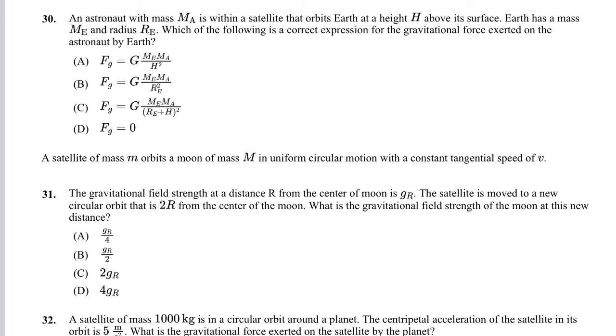Okay, an astronaut with a mass of m_a is within a satellite that orbits Earth at a height of h. So let's see, we got Earth right here. We got an astronaut. Whee! Don't go into space without a suit.